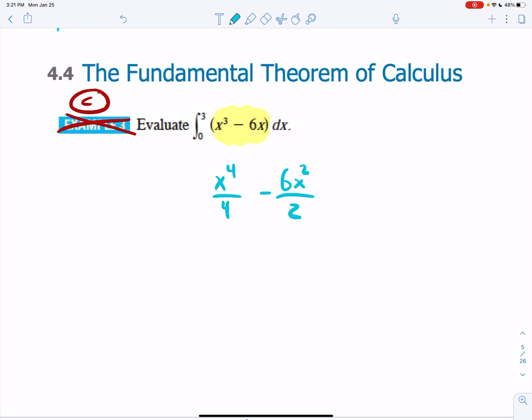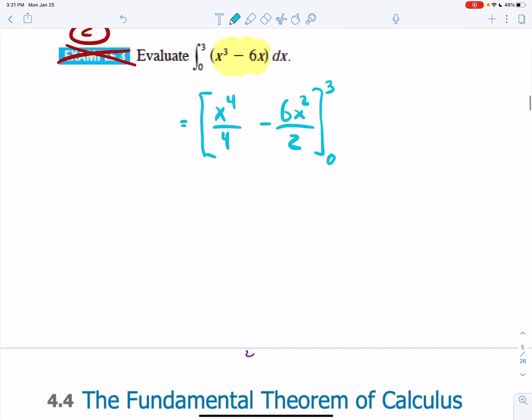Okay, you integrate that, but now that I have 2 terms here instead of 1, you're going to have to bracket this off, and that bracket will serve as that vertical bar to evaluate. Okay, notice how I didn't bring down the integral because I already integrated.